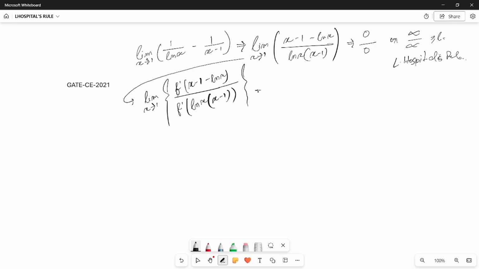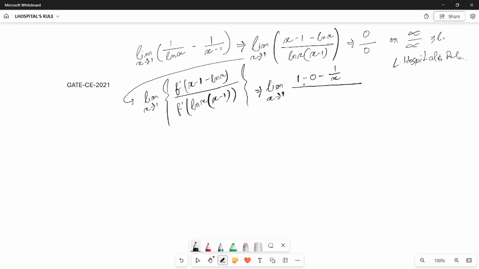You can just identify this will be limit x tends to 1, d/dx of x equals 1, d/dx of 1 equals 0, and d/dx of ln x means 1 by x.